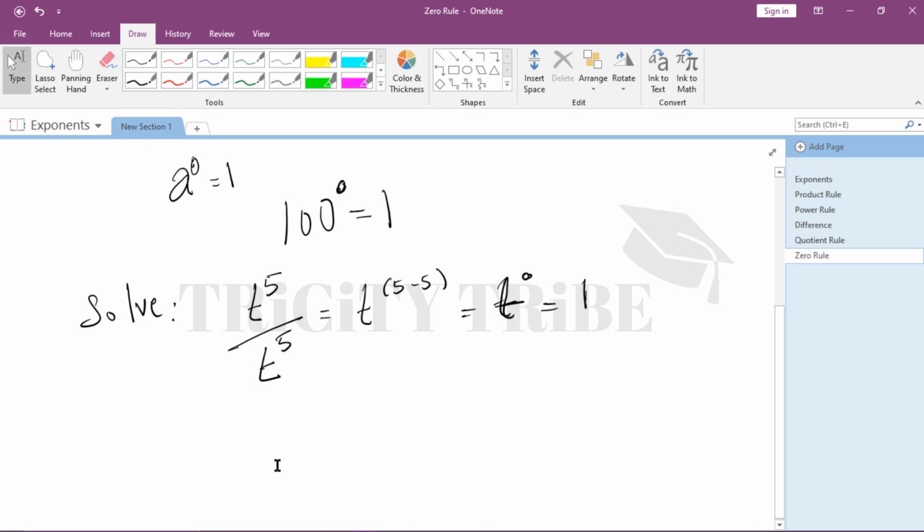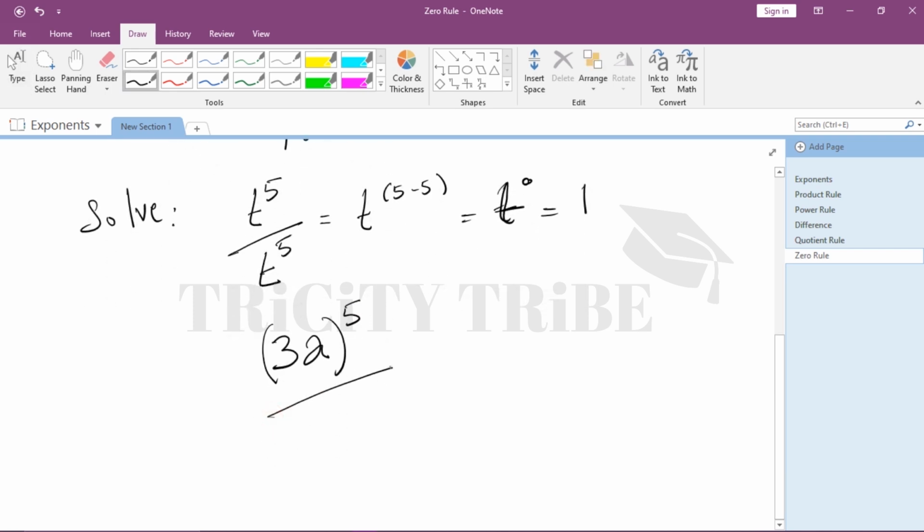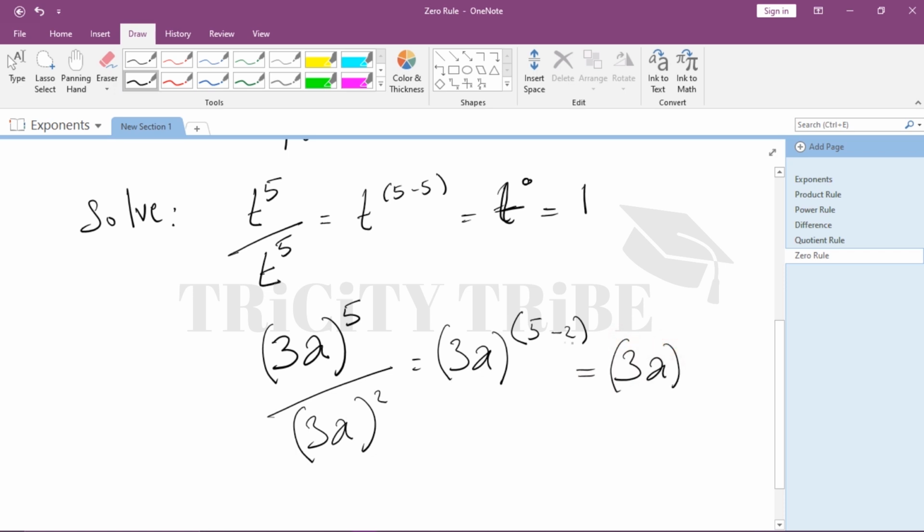We have another example: 3a in brackets raised to power 5 over 3a in brackets raised to power 2. In this case, bring out 3a, put everything in brackets, then 5 minus 2. That's 3a in brackets raised to power 3.